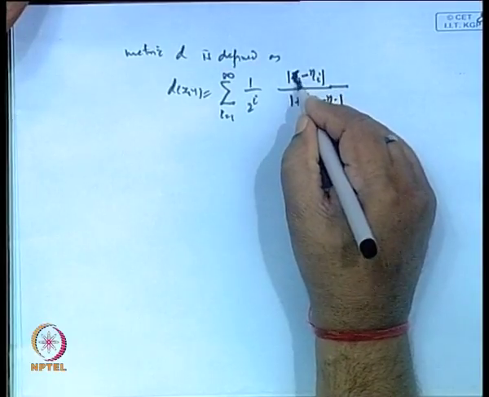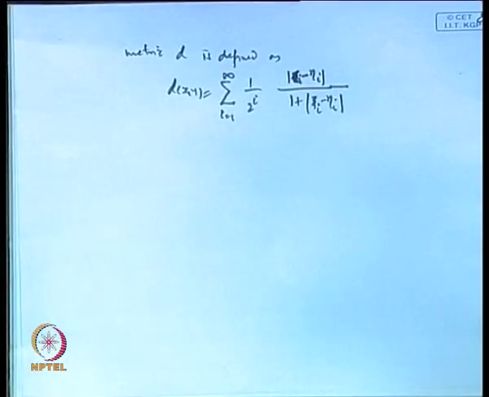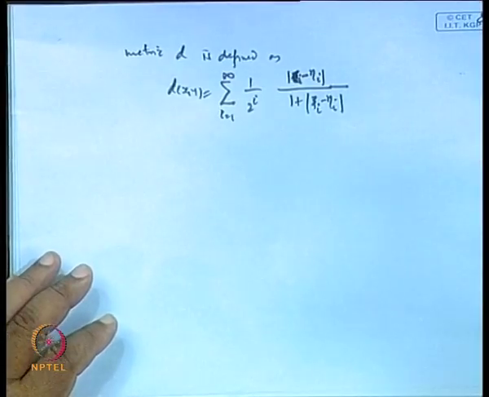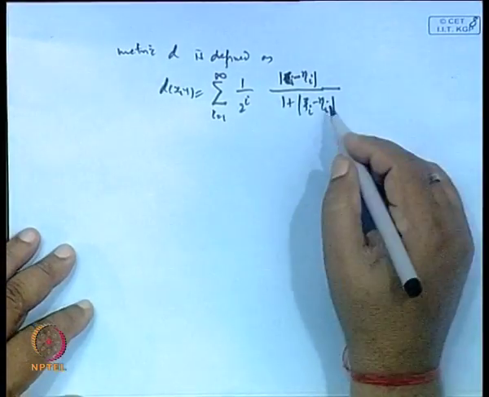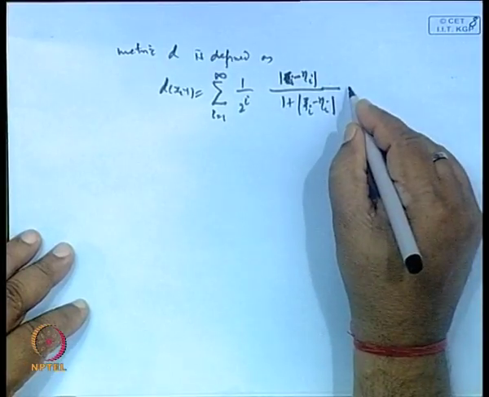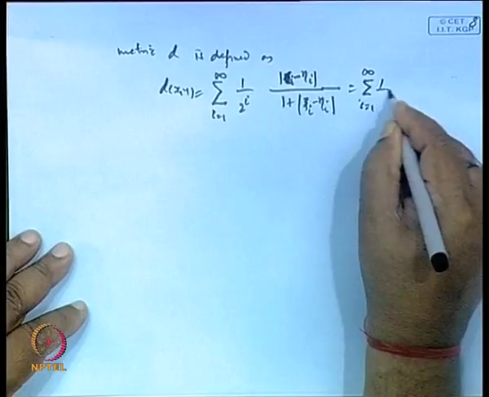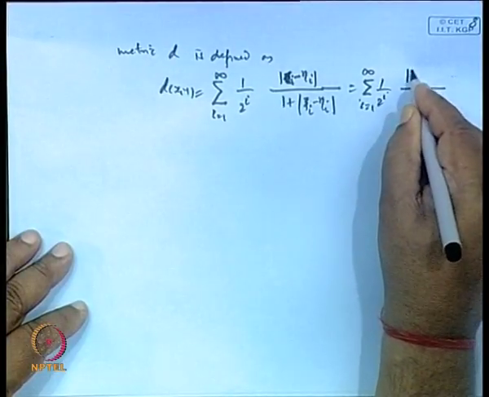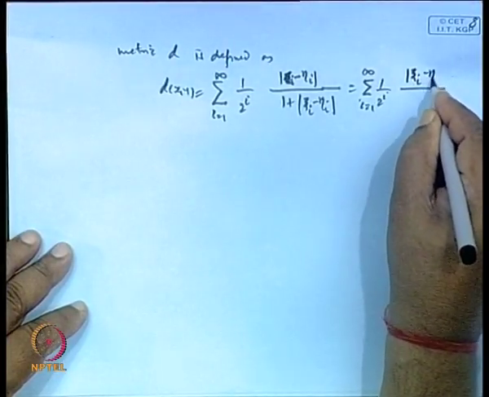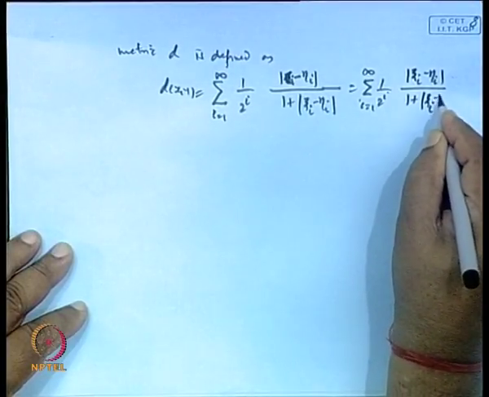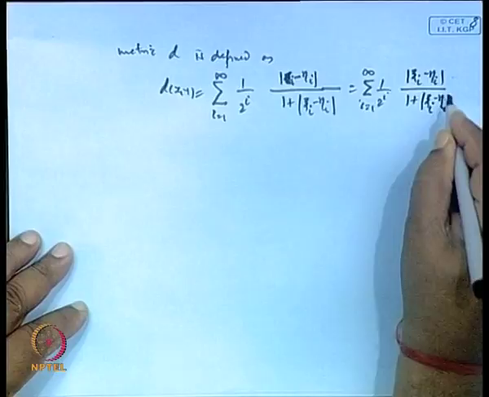This is x_i. Okay. I will repeat again: this is the sum from i equal to 1 to infinity of 1 by 2^i times mod of x_i minus eta_i over 1 plus mod of x_i minus eta_i.